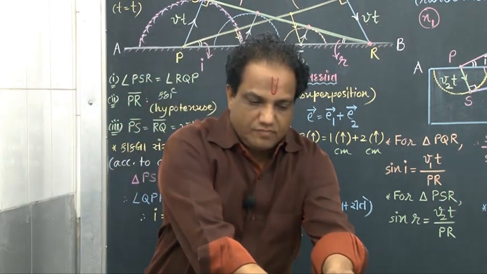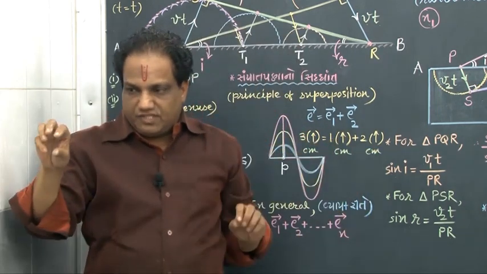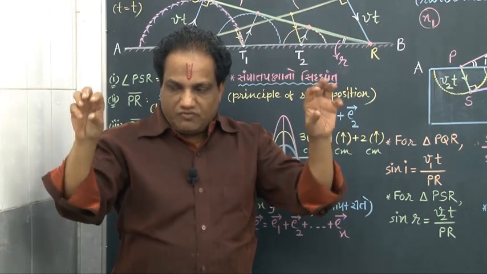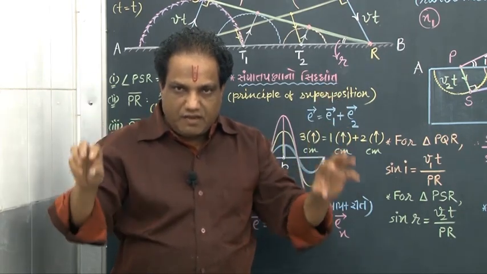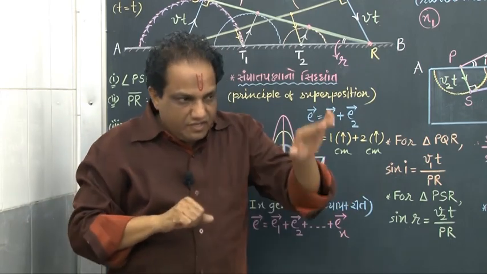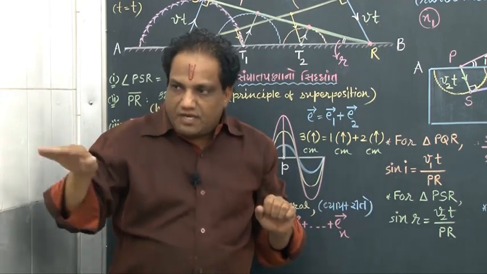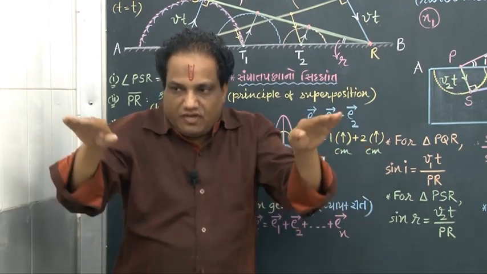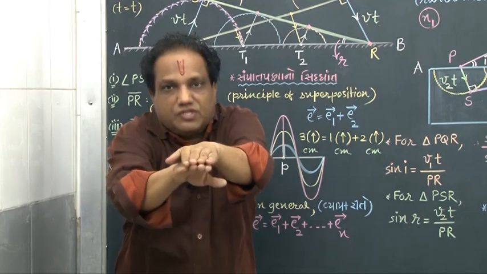Now you do one thing. On this water surface, this is the first spherical bob, say this one is the second spherical bob, and you give them oscillations simultaneously. Here the first wave is generated, here the second wave is generated, here amplitude is 1 centimeter, here amplitude is 2 centimeter, and now both the waves will superpose on each other.